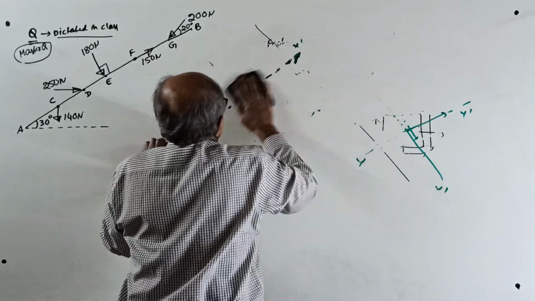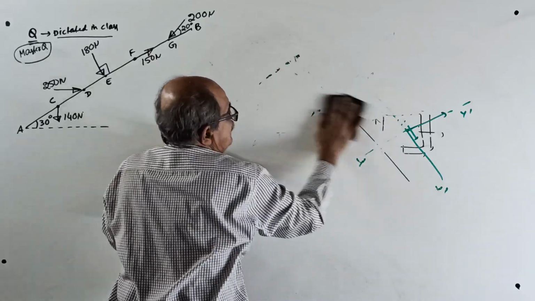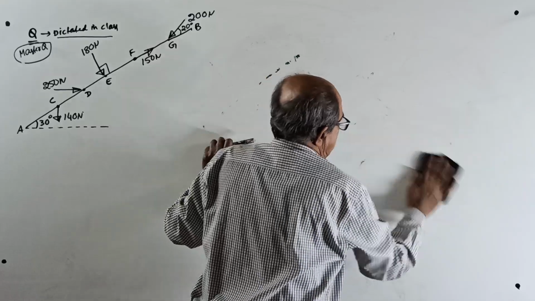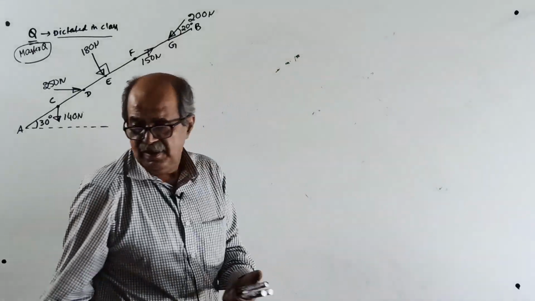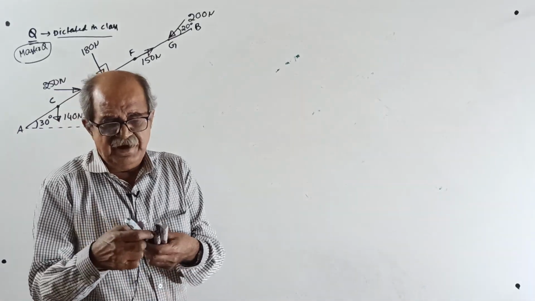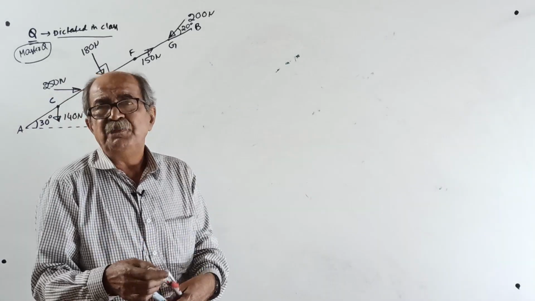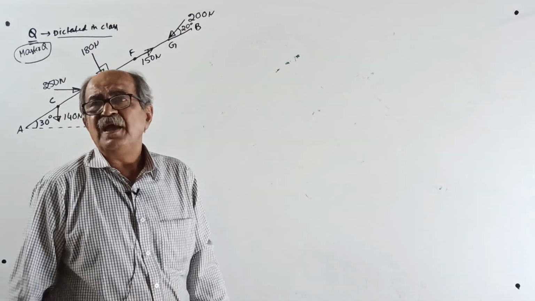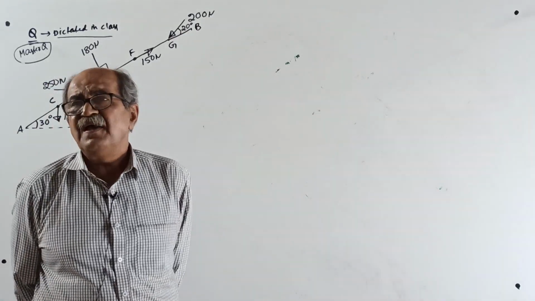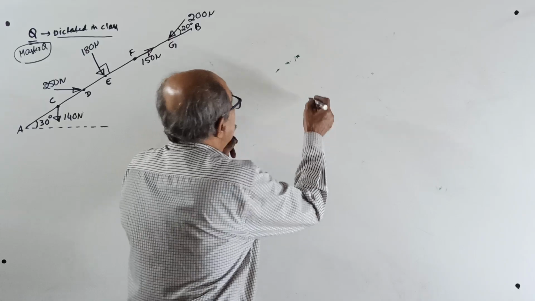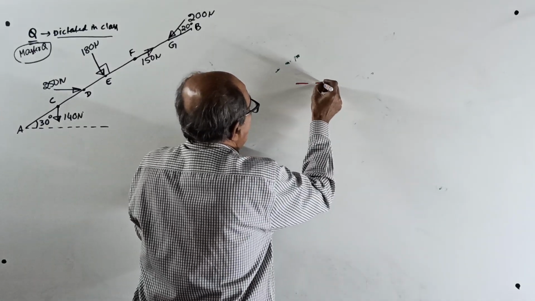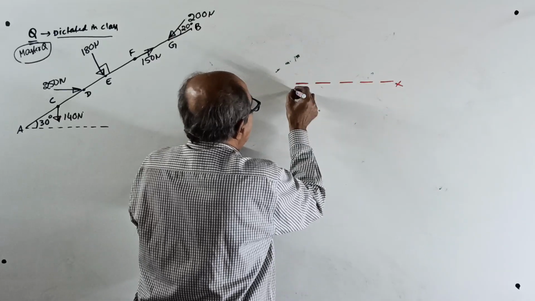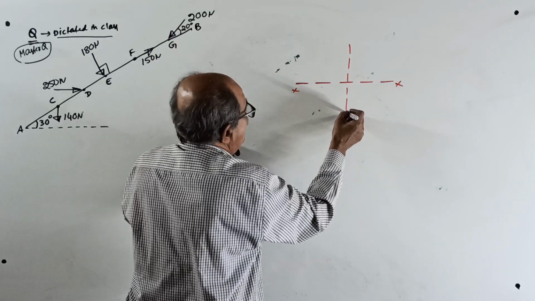Not too clean is required. Remember, once again I will tell you: if you want to resolve along x and y, when x and y are horizontal and vertical, that is a huge 98% of cases. It always comes this way: xx horizontal, yy vertical.